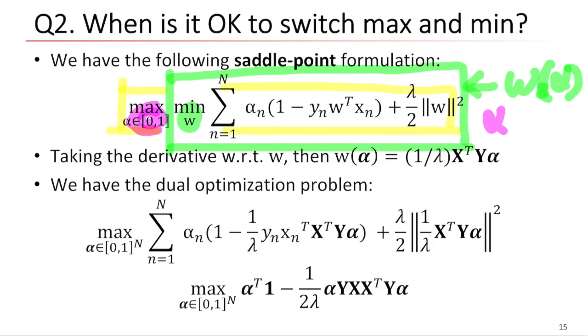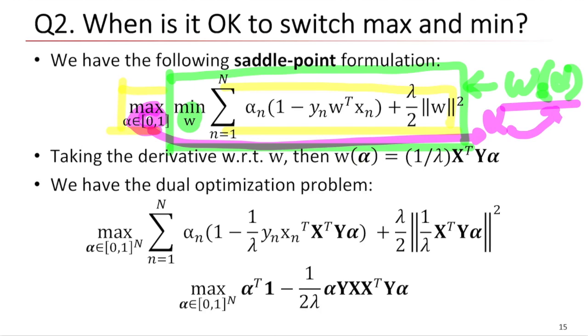We can find the alpha from this problem, and then finally we can get the W from the estimated alpha value, which will be our final goal, right? So this is our strategy.